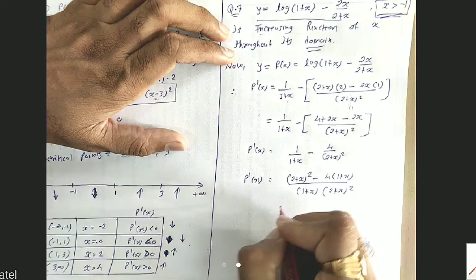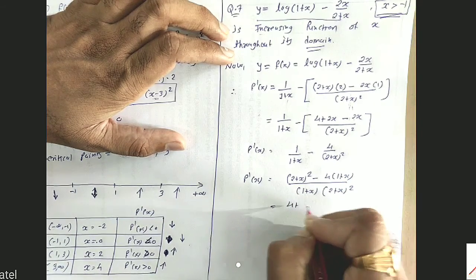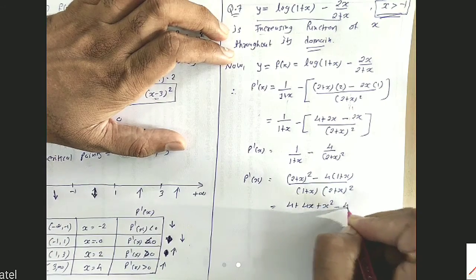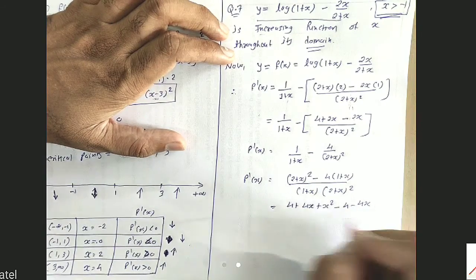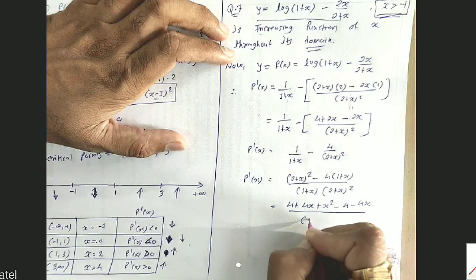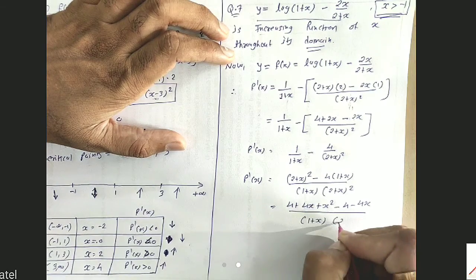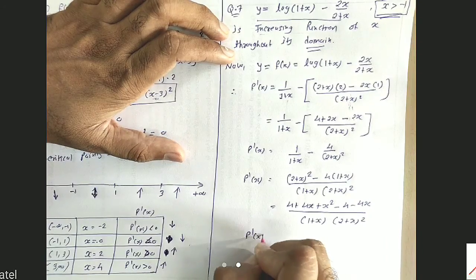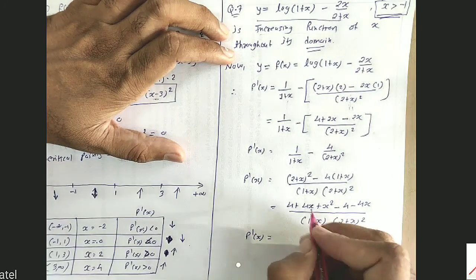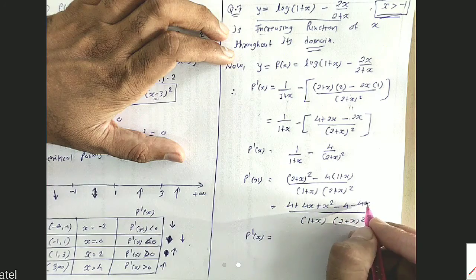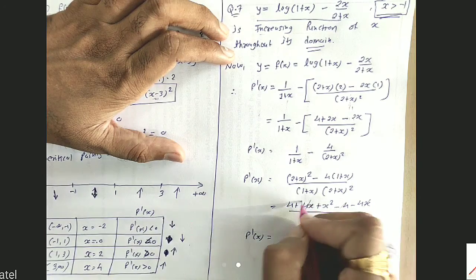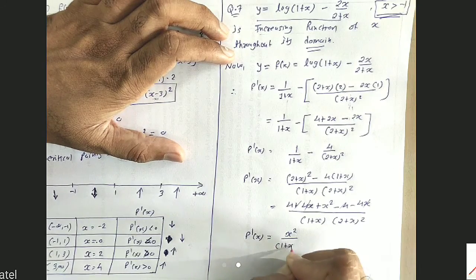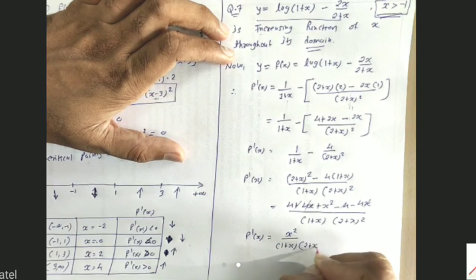Writing the expansion of this, it will be 4 plus 4x plus x square minus 4 minus 4x divided by 1 plus x into 2 plus x whole square. So we are getting our f dash x. Plus 4 minus 4 cut, plus 4x minus 4x cut. So we are getting x square upon 1 plus x into 2 plus x whole square.